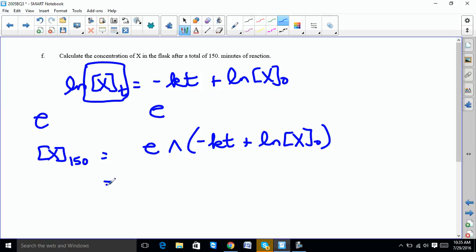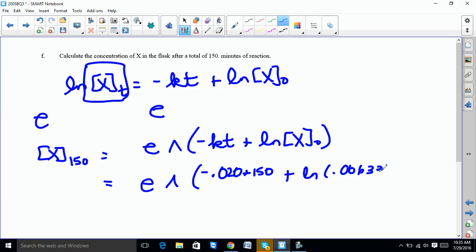And I'm just going to have the calculator do the work. We figured out in part E that this is 0.020, but I have to make it negative, and then times 150 plus the ln of I think it's 0.00633.